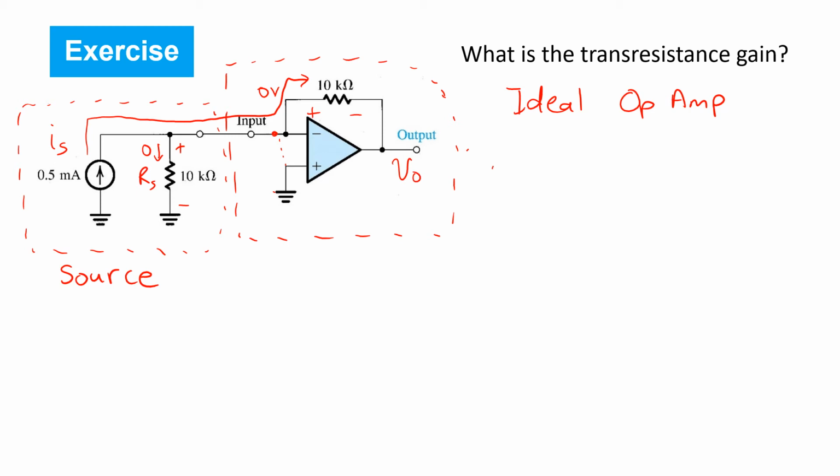That is, VO is equal to the voltage at the negative op-amp terminal, 0 volts, minus the voltage drop across the 10K resistor, which is IS times 10 kilo ohms. So therefore, we can say this configuration is working like a transresistance amplifier with a gain of negative 10 kilo ohms.